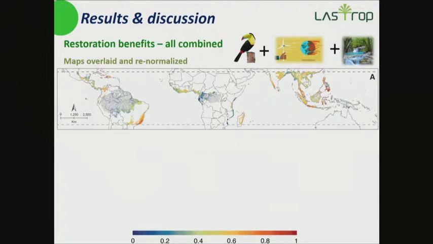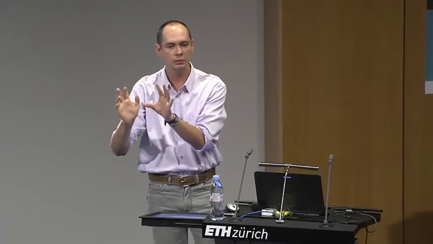So what we did, we got the 4 layers of restoration benefits, we overlaid them, and we renormalized again. So we did not establish any specific weight for these restoration benefits. They all got the same weight.